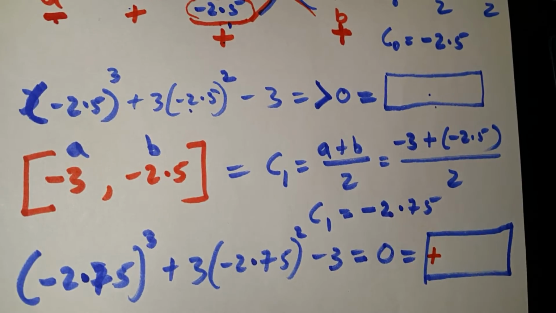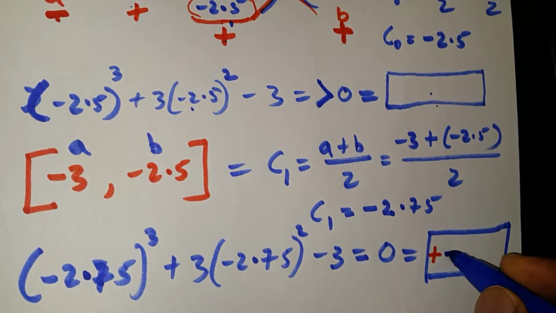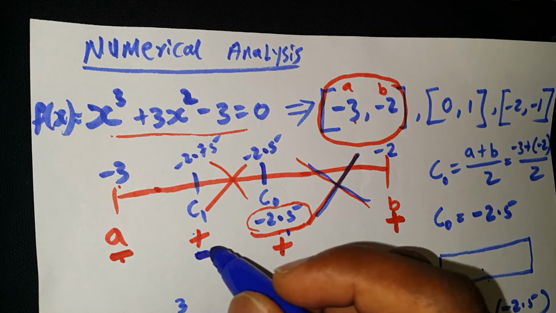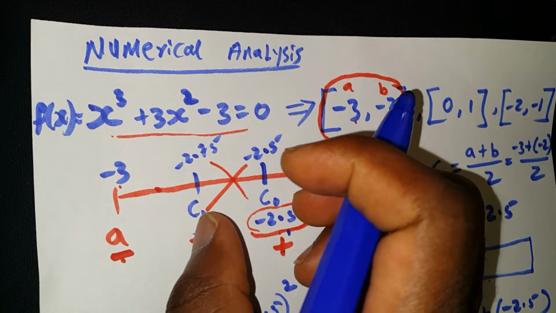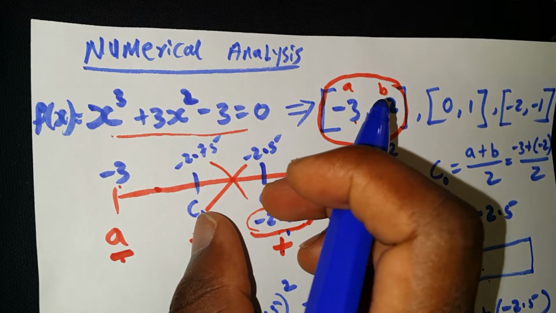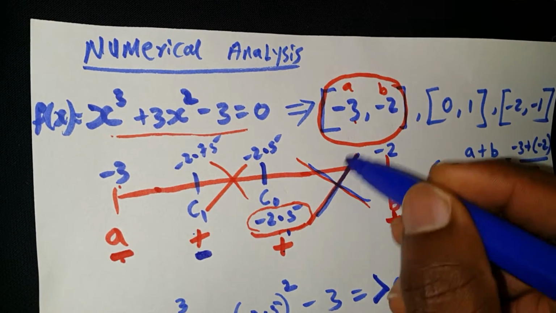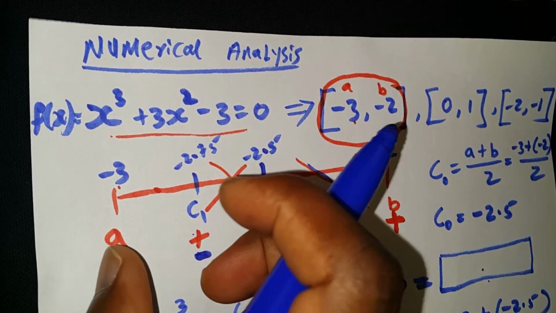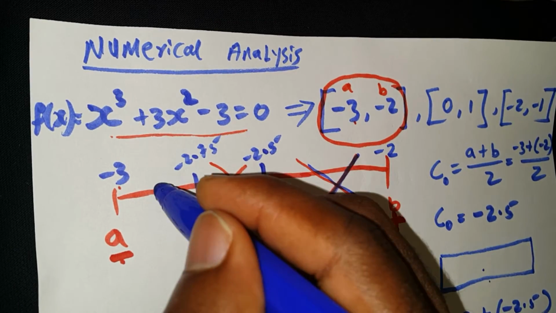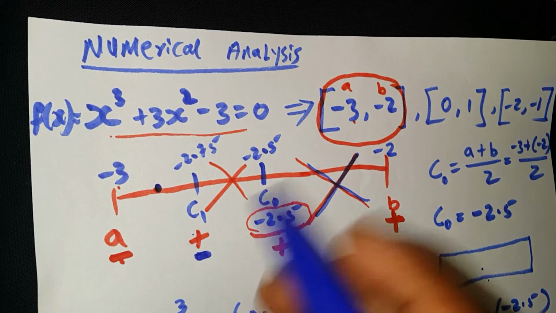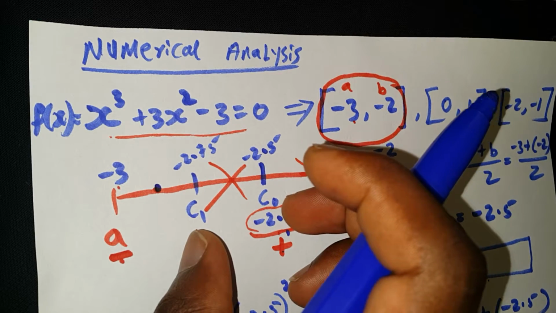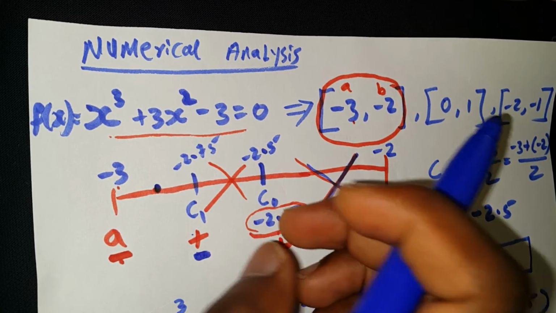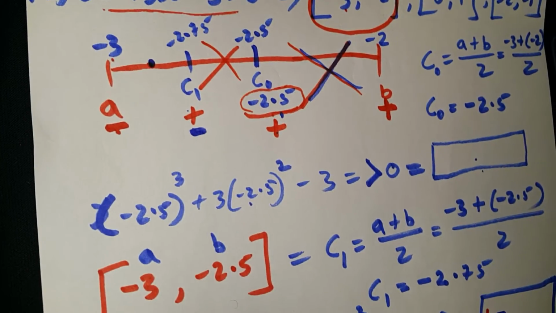But if it is negative, then this place is gone. That means this place and this place will be used. If you cancel this place, call the two A and B, and you find the midpoint. If it is this place that is cancelled, then C1 is the A and C0 is the B. So this is the method.